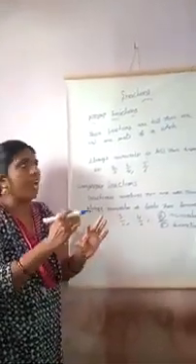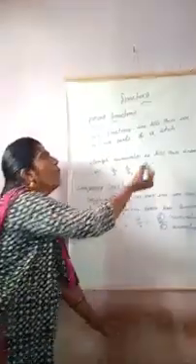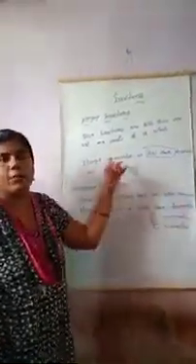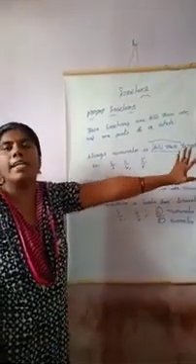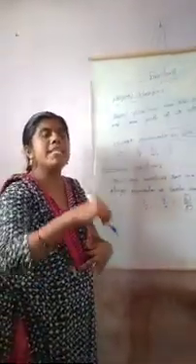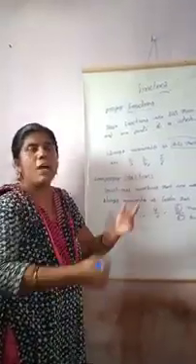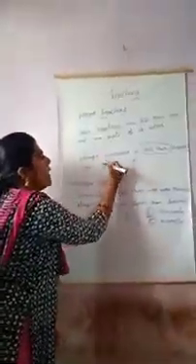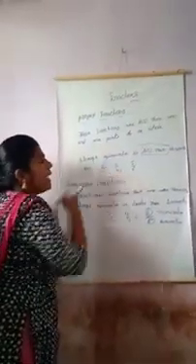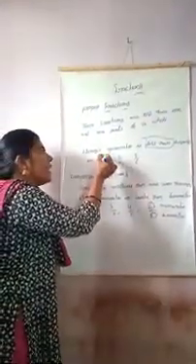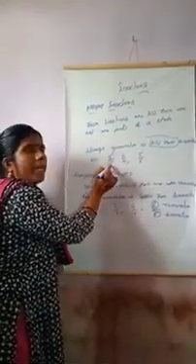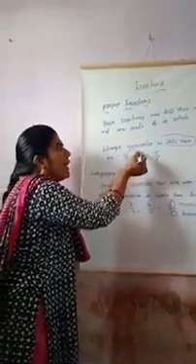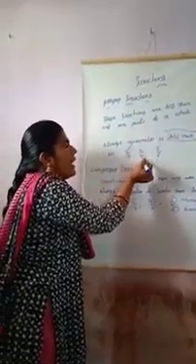A proper fraction always has the numerator less than the denominator. The numerator is always smaller and the denominator is always greater. See the example: 2 is the numerator, 3 is the denominator. So 2 is smaller than 3. The numerator is small, the denominator is big.